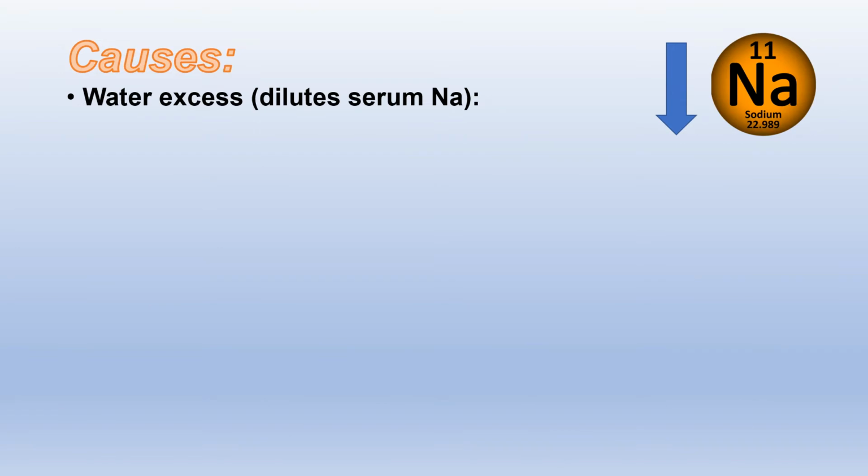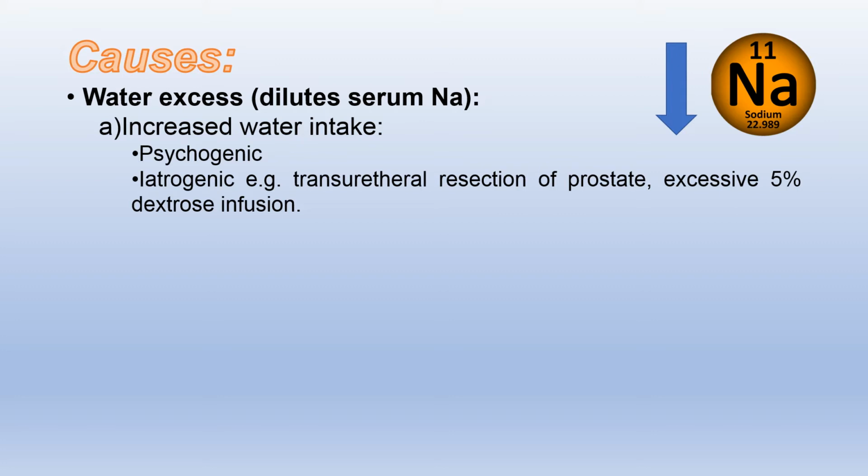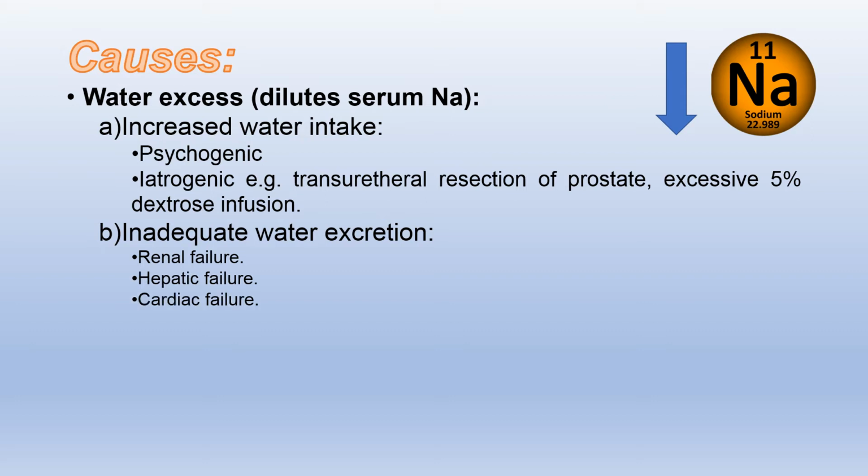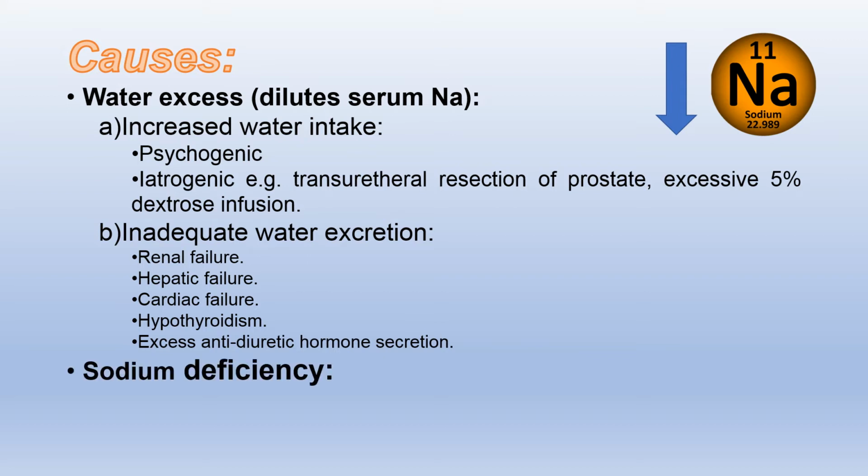Causes: water excess, for example, increased water intake, psychogenic, iatrogenic, transurethral resection of the prostate, this is an operation, excessive 5% dextrose infusion. Inadequate water excretion, for example, in renal failure, hepatic failure, cardiac failure, hypothyroidism, excess antidiuretic hormone secretion.